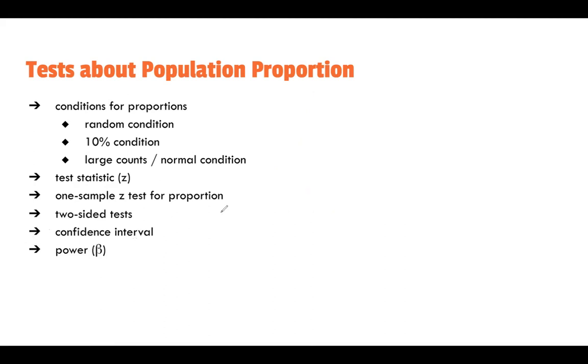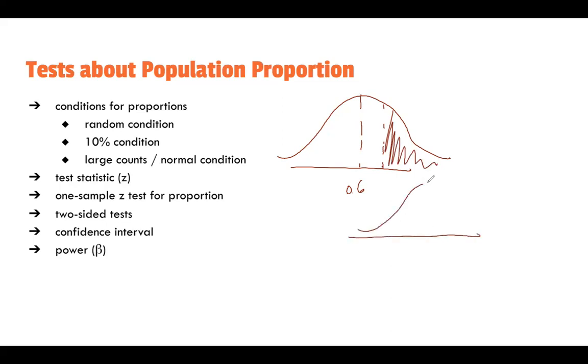How do you calculate that? I'm not going to go too in detail about that, but basically, if you have this 0.6, and let's say you had a sample of 0.72, right? What you basically do is if 0.8 is the actual parameter, then you draw the same line to 0.72. You calculate this area, and that's going to give you the power of the sample.